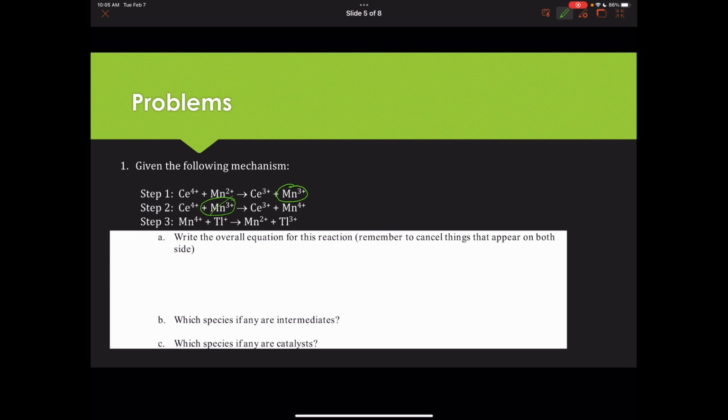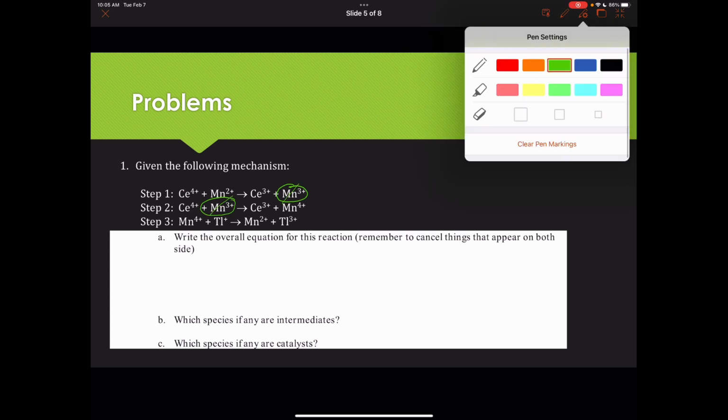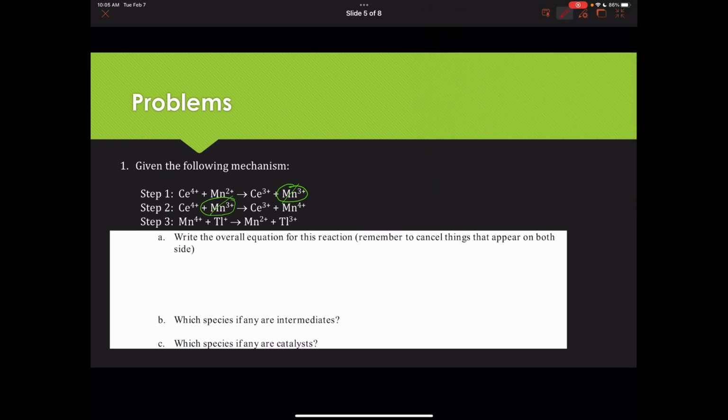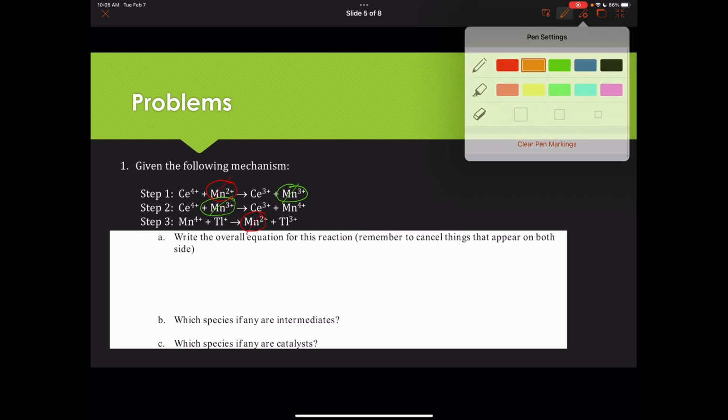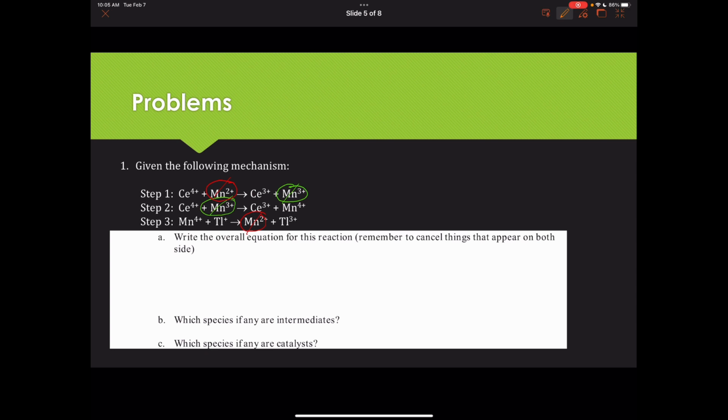So that Mn3+ cancels. I have an Mn2+ as a reactant and as a product, so the Mn2+ cancels. I have Mn4+ as a product and as a reactant. The Mn4+ cancels.